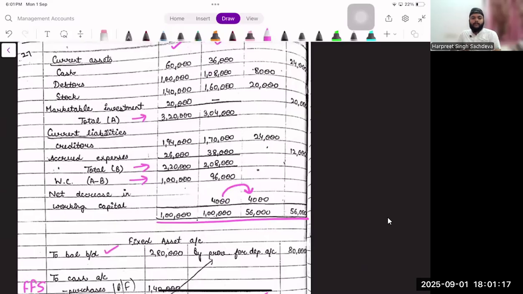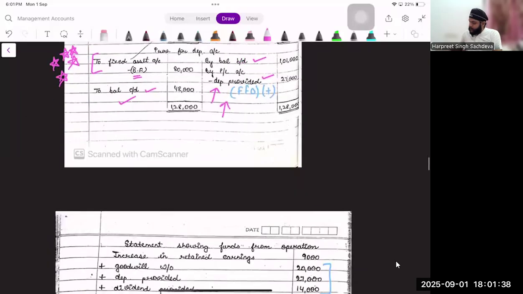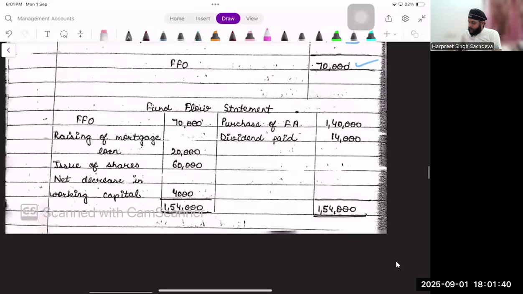Decrease in working capital. Very good, Sanya, Ritika, Madhvi. Okay, Raja. So on the source side, decrease in working capital and FFO.